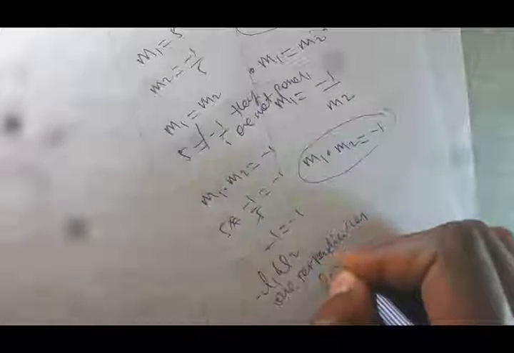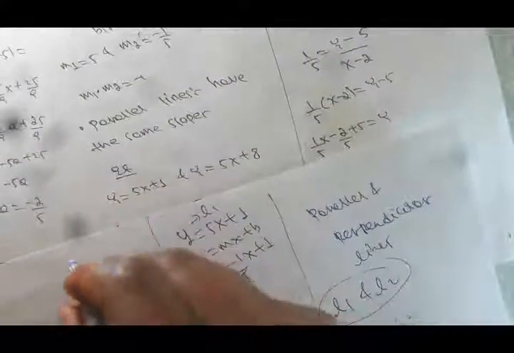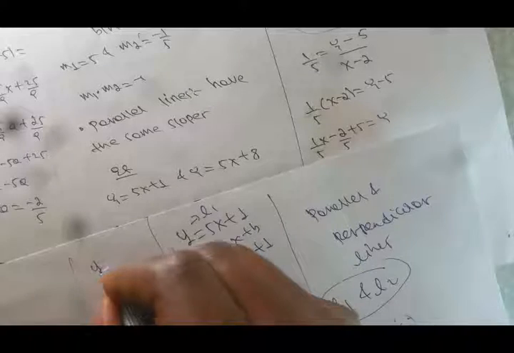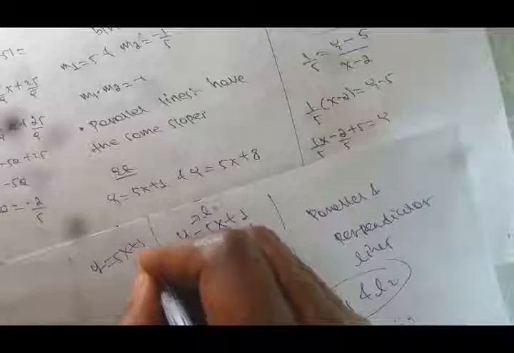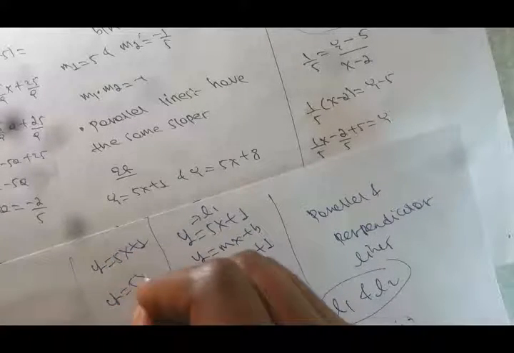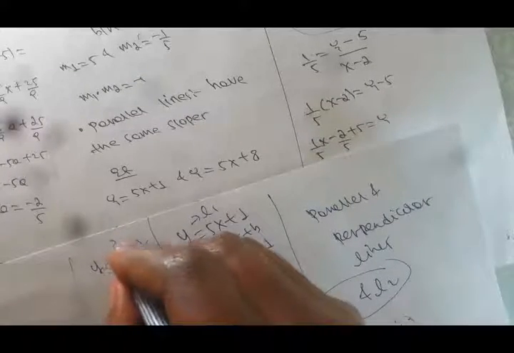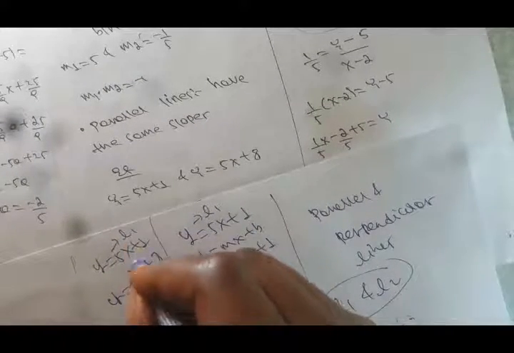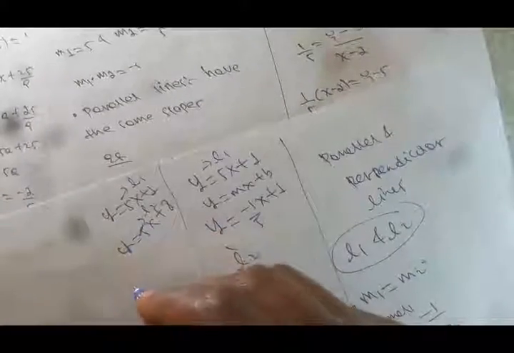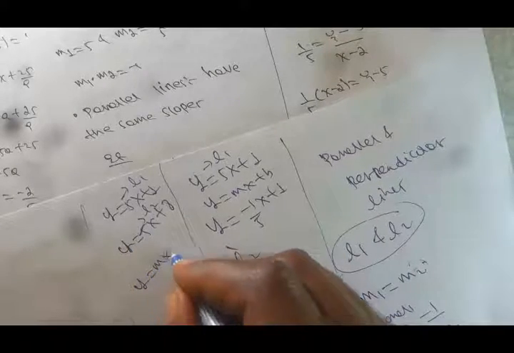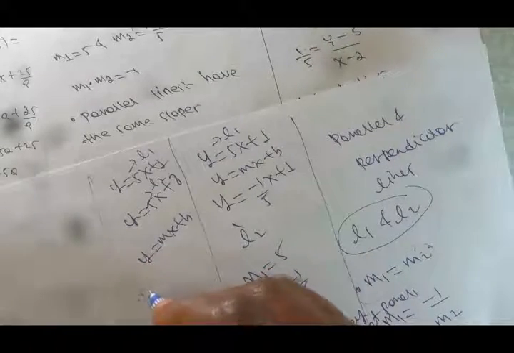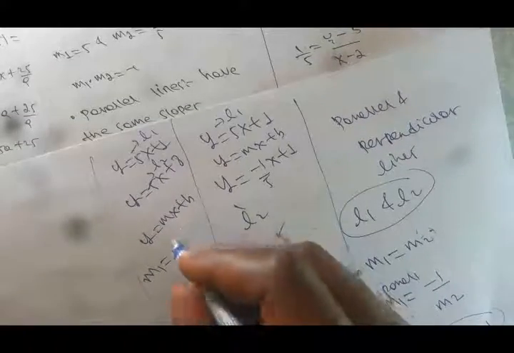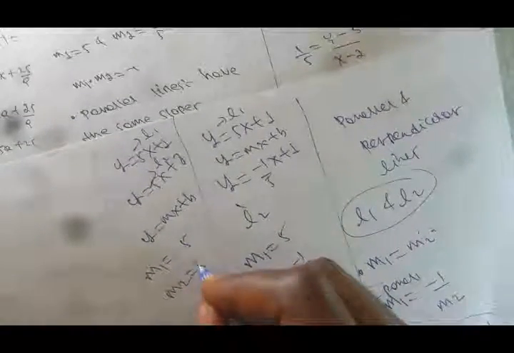Let's do example 2. Example 2 is given by y is equals to 5x plus 1 and y is equals to 5x plus 8. This is line 1. This is line 2. They have a form of y is equals to mx plus b. What is the slope of the first equation? 5. What is the slope of the second equation? 5.